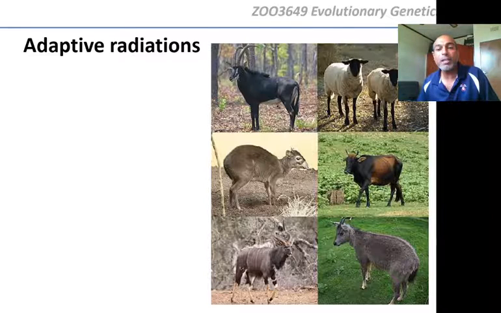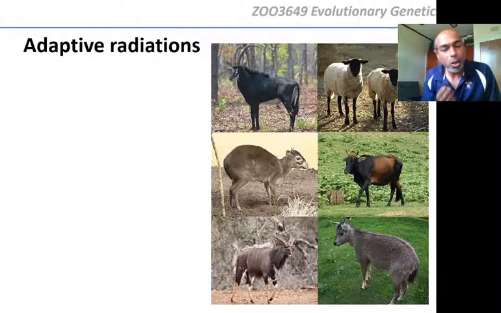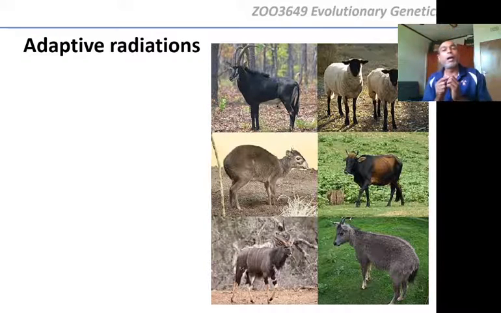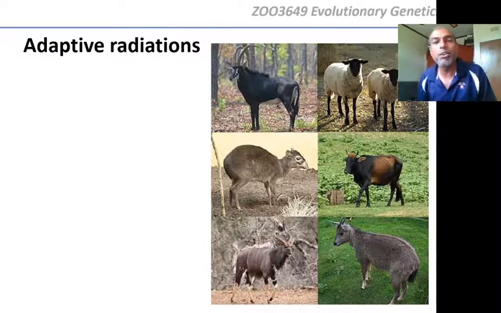An adaptive radiation is the rapid evolution of lots of different species, phenotypes, within a short space of time from a single common ancestor. Okay, so it's divergent evolution. It's from a common ancestor. Many species diverge rapidly.